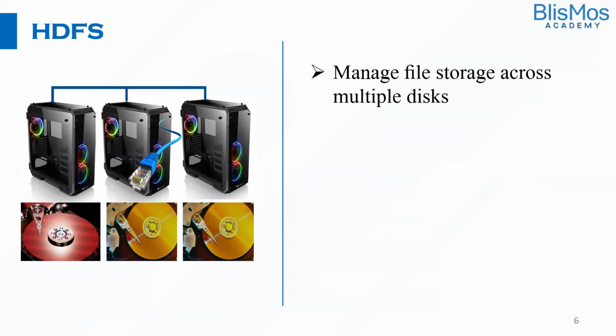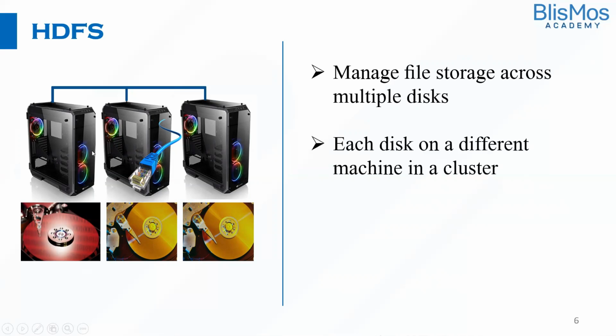HDFS is the storage layer of the Hadoop ecosystem. It manages the file storage across multiple disks, meaning we are saying it is distributed storage, right? That is the reason HDFS manages file storage across multiple disks. It supports storage of a file distributed across multiple disks.